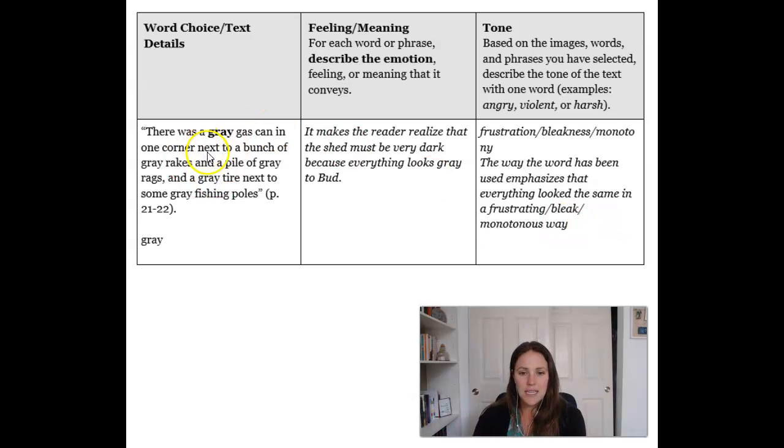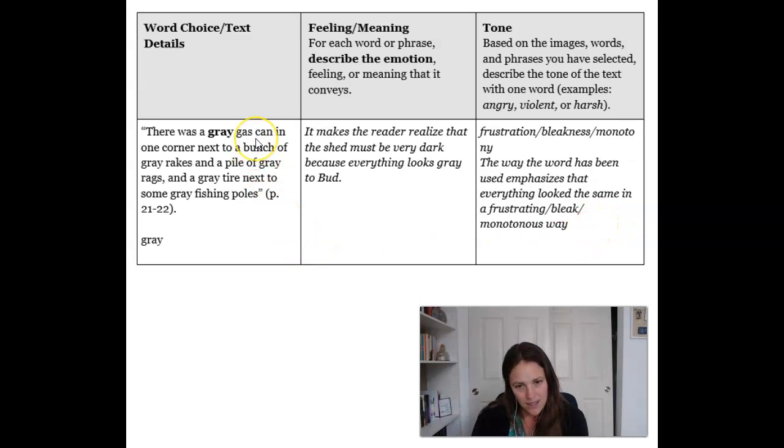So in this example, we can see that Bud's probably not super happy because gray is usually not used to indicate a lot of happiness. There's probably some frustration or bleakness. It's a little bit monotone. The word is being used over and over again to show that same feeling of just bleak, sad, depressing, or frustrating situation.